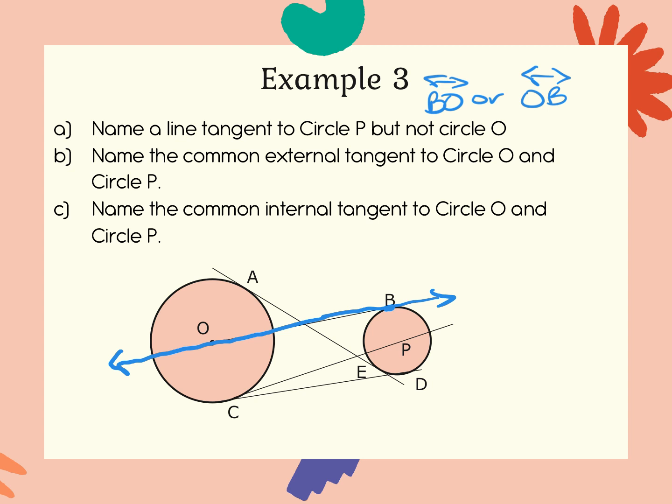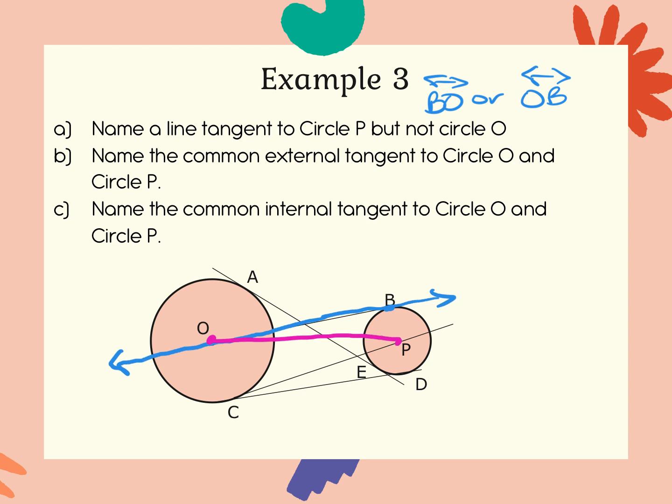Now, in order to name a common external tangent or a common internal tangent, I need to draw the segment that connects the centers of circle O and circle P. So here's my imaginary line that connects the centers.